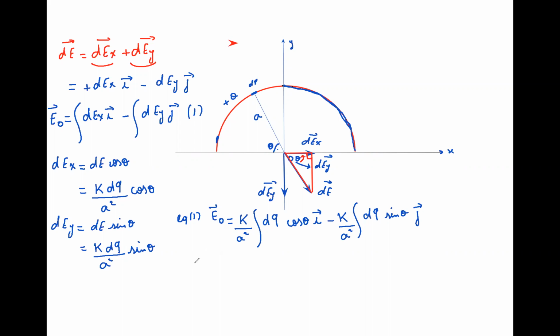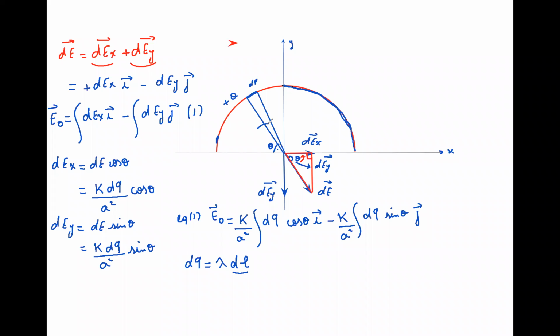Now we have to calculate dQ. You know that dQ equal lambda dl. We don't have dl on the x-axis or the y-axis, so we keep dl. Here, you know, dl is located between d theta.